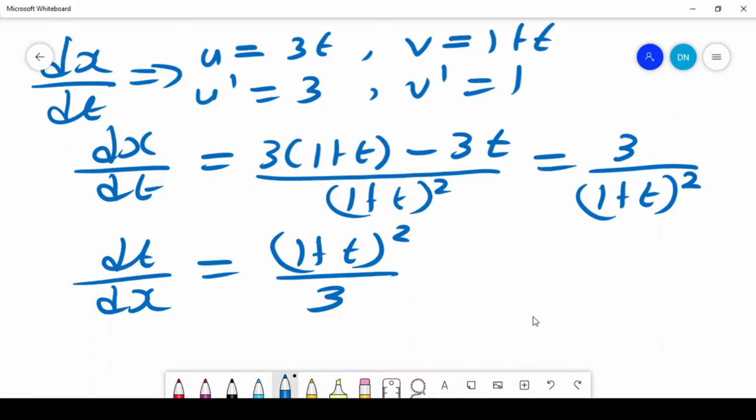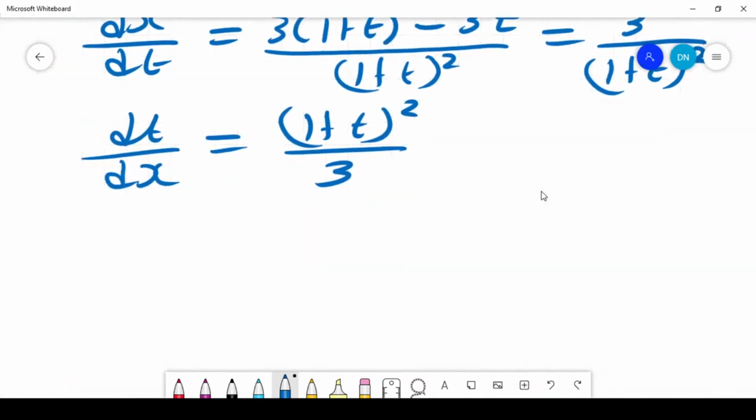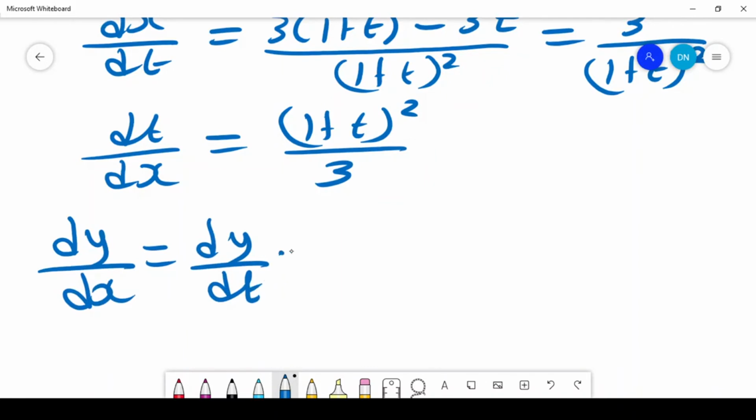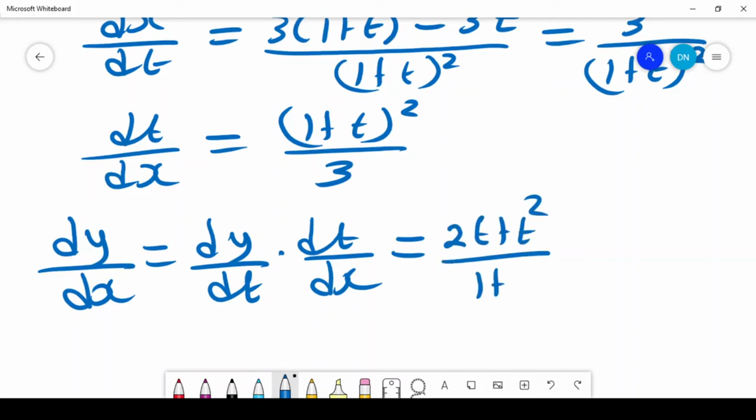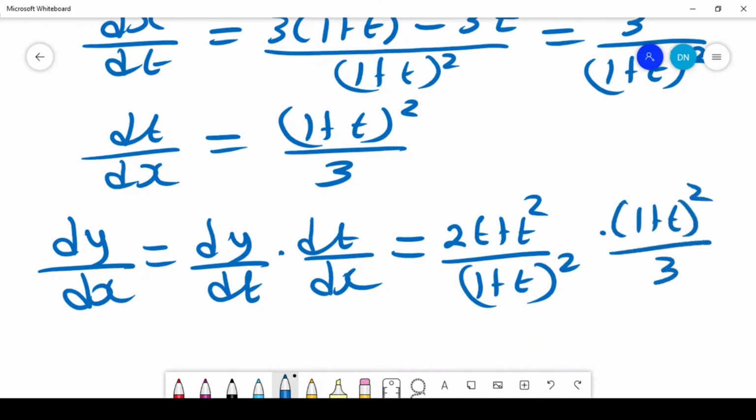And that takes us back to our problem, which is finding the slope. dy/dx is equal to dy/dt times dt/dx. My dy/dt will be 2t plus t squared over 1 plus t squared, times 1 plus t squared over 3.